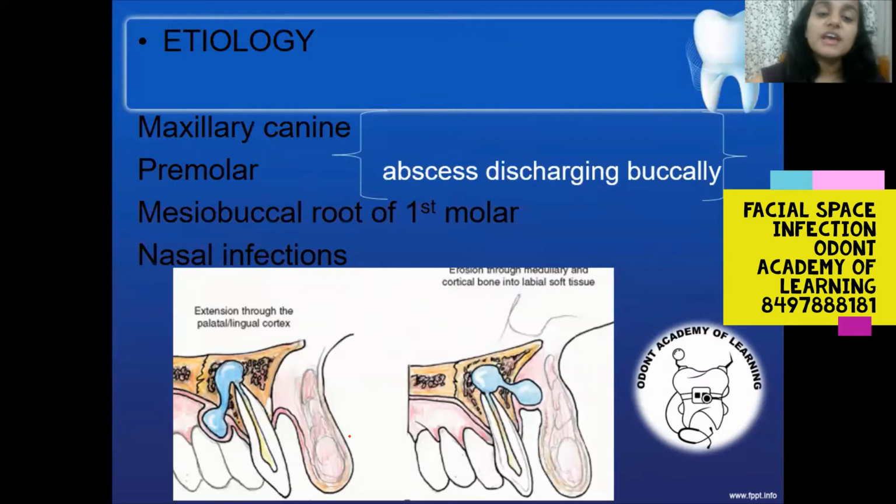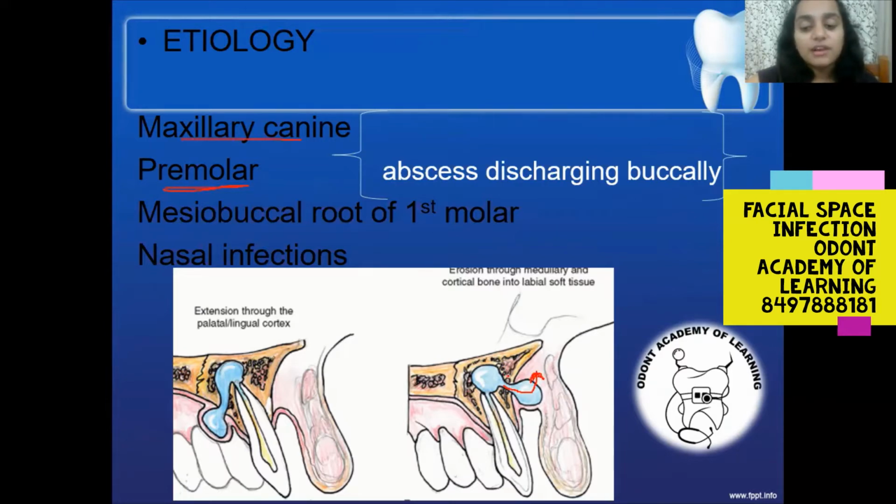Now etiology, as the name suggests, it is a canine space infection. So definitely the maxillary canine is the offending tooth. Apart from that, also the first and the second premolar can cause the canine space infection. Now, these two teeth will only cause canine space infection if the path of resistance is less on the buccal aspect.